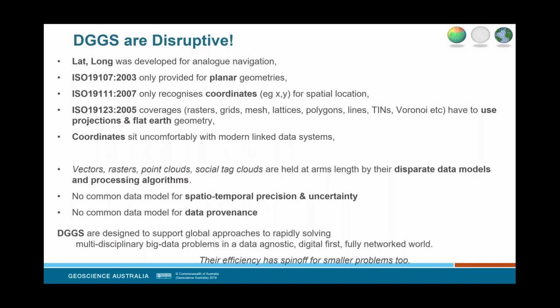Even coverages and some of the more modern standards and approaches are still underpinned by the flat Earth geometries produced by projections. And like I said before, coordinates sit uncomfortably with modern linked data systems, because you've got to do work on them to actually work out where they are. How far is this point from that point?